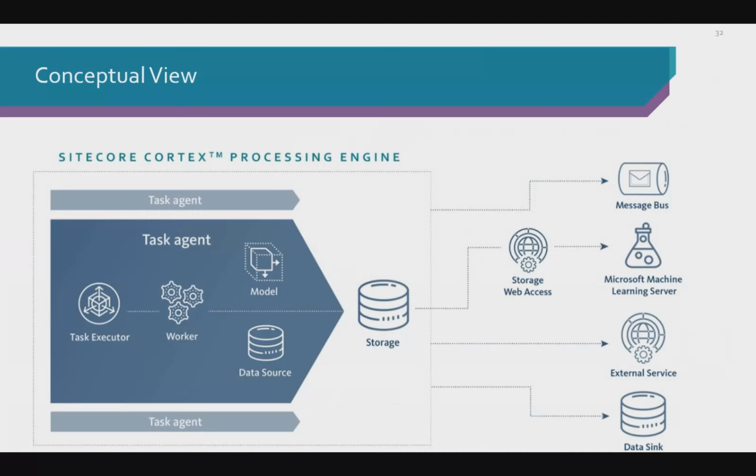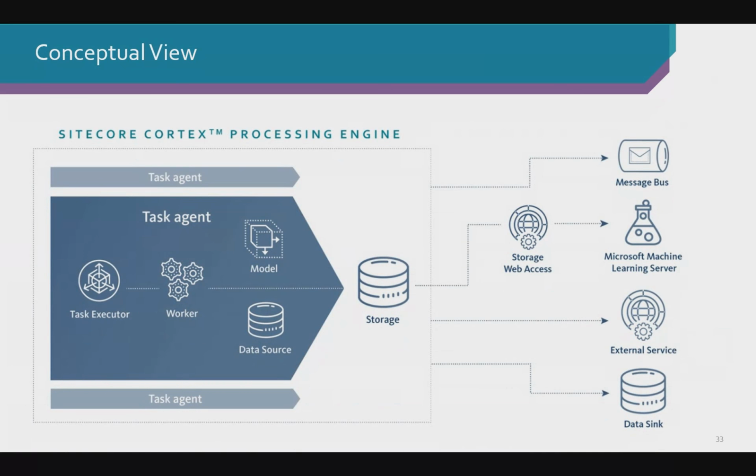Okay, so finally, the conceptual overview. I'm sorry, maybe it's getting too heavy, but I just wanted to give this conceptual overview of what it is. Think of a task agent as a thread or a process, where you have a task executor which will execute different workers, which can generate different models, or combine with different data storage resources.